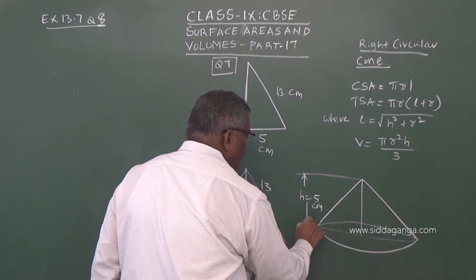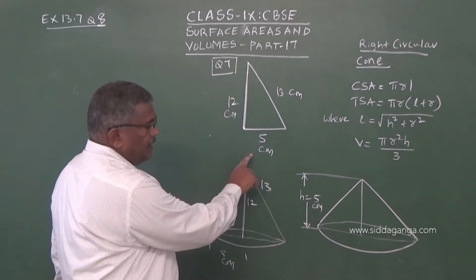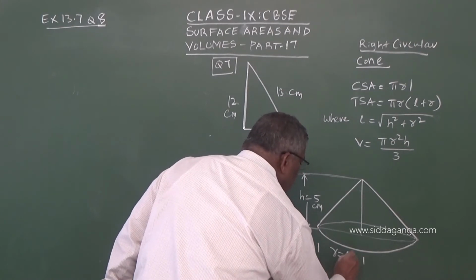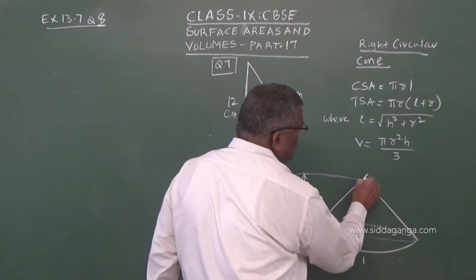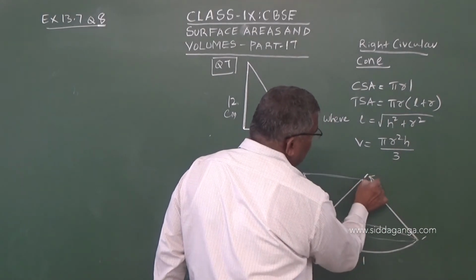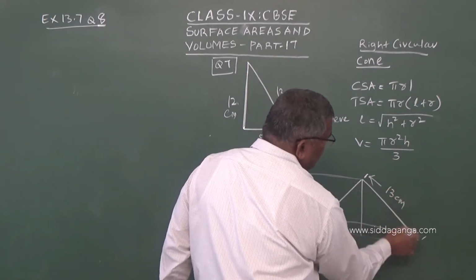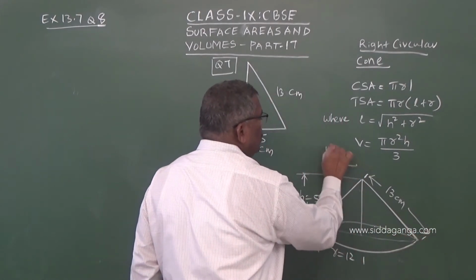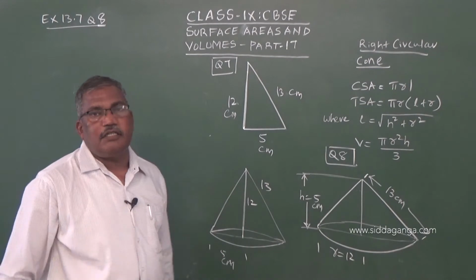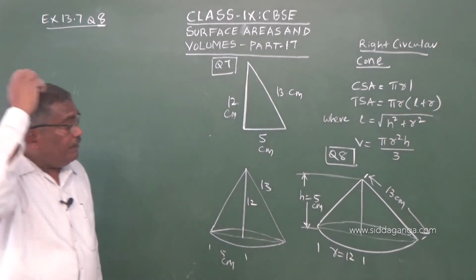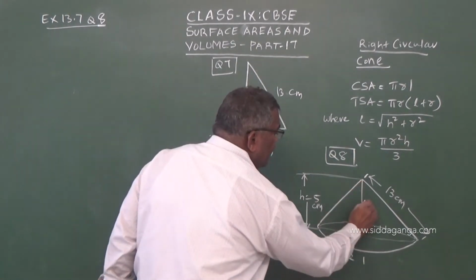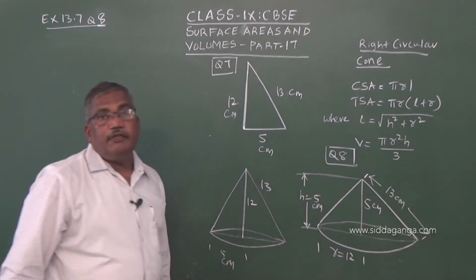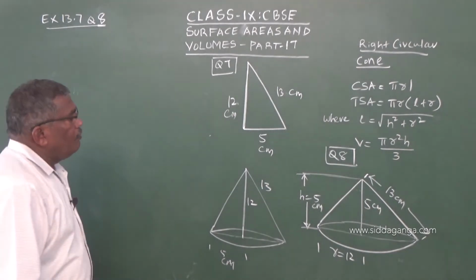We are asked to rotate about 5 centimeter, and the radius becomes 12. R is equal to 12, and the slant height remains the same, 13 centimeter. This is question number 8 situation. If it is rotated with this 5 centimeter side, what will be the volume?